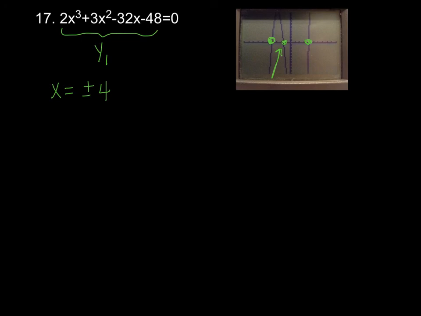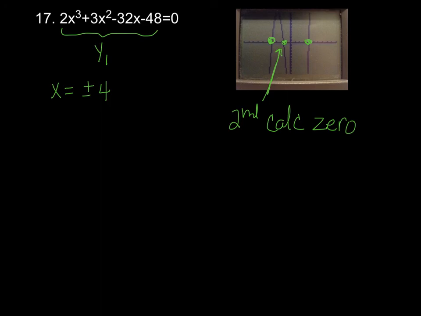So what I did with this little pesky one over here is I did second calc, second trace, and I went to 0. And remember, you move your cursor to the left a little bit, hit enter, move your cursor to the right a little bit, and you hit enter twice.